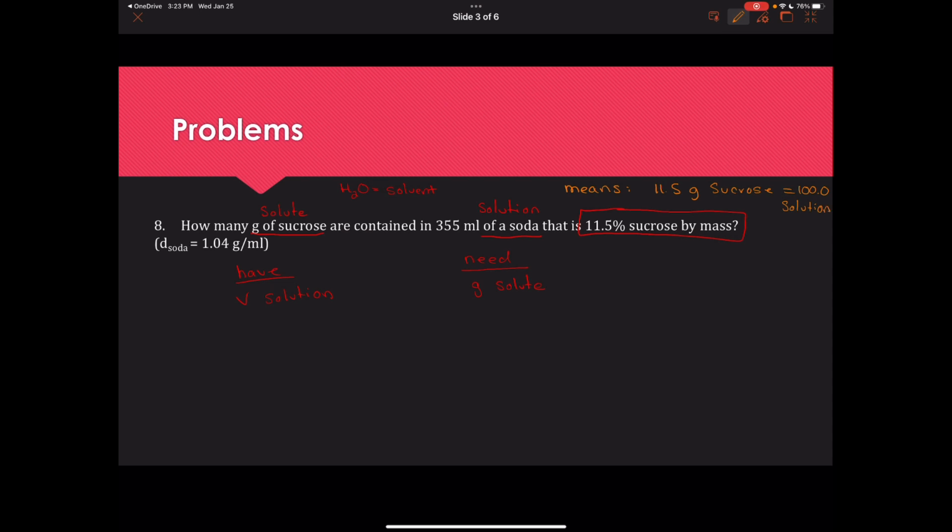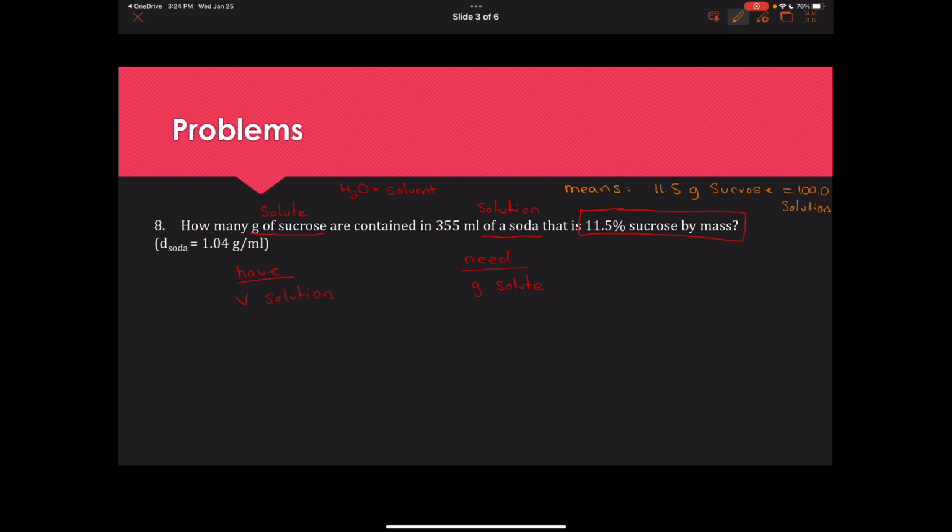So that's what a percentage means. It's the amount out of 100. So if I have 100 grams of solution, 11.5 grams of it is my solute. So that concentration gives me a relationship between my solute and my solution.